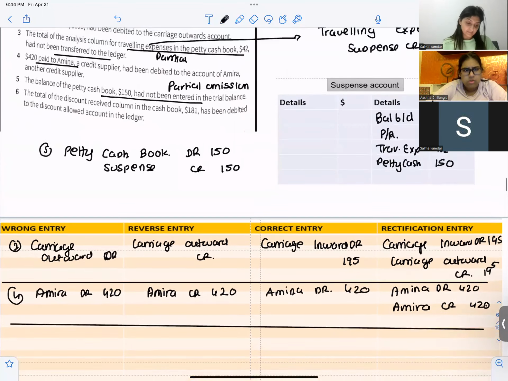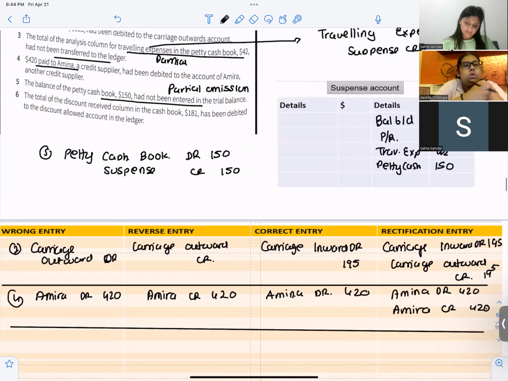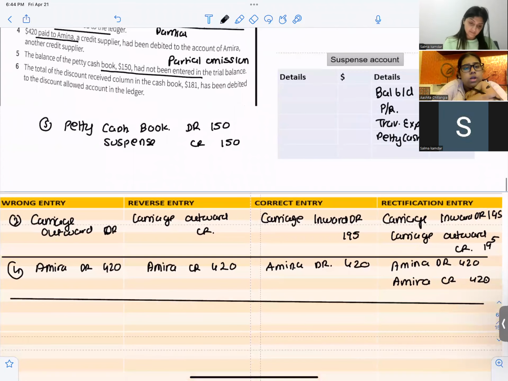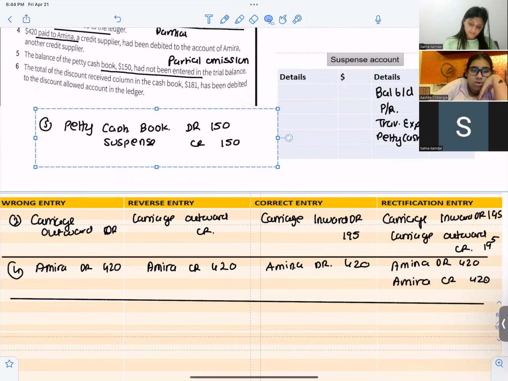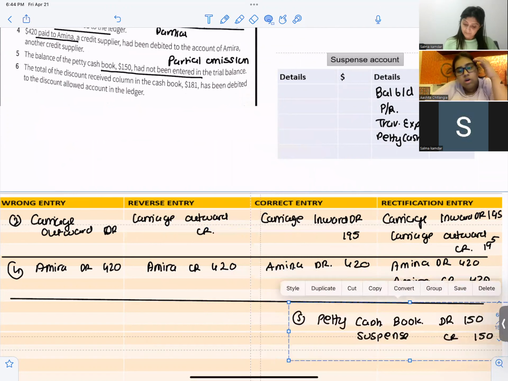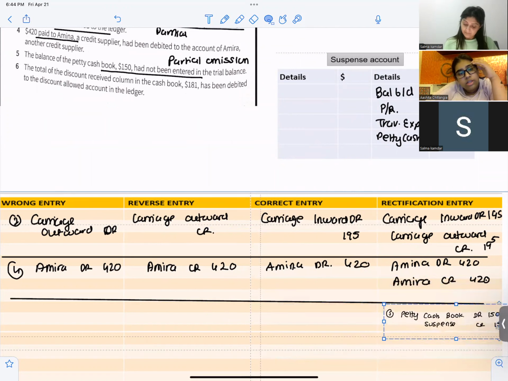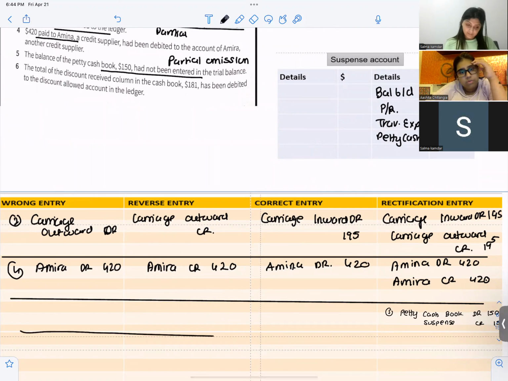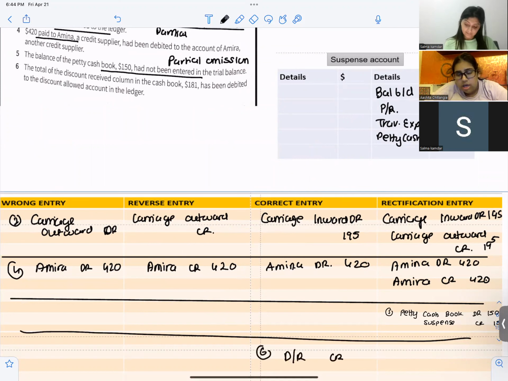The last one: the total of the discount received column in the cash book, $181, has been debited to the discount allowed account in the ledger. The correct entry is discount received credit 181, since it is an income.